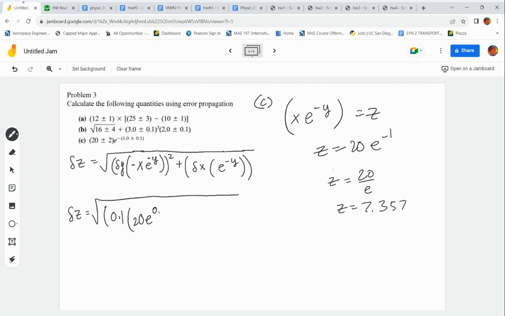y is 0.1 squared plus, what is x again? x is 2, parentheses e to the y, which is 1 again. So it's actually just 1 divided by e, basically, squared.